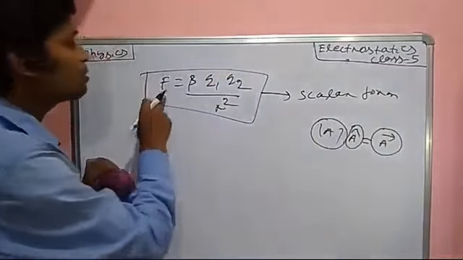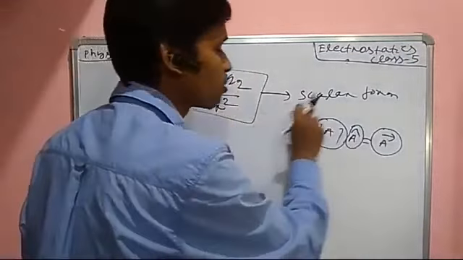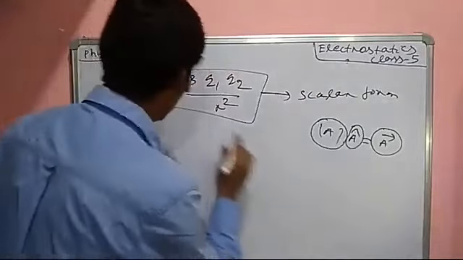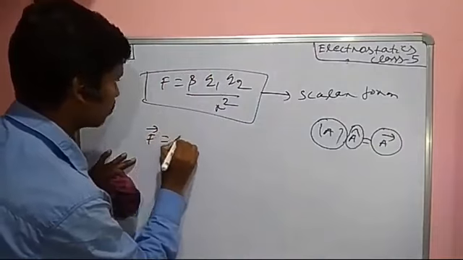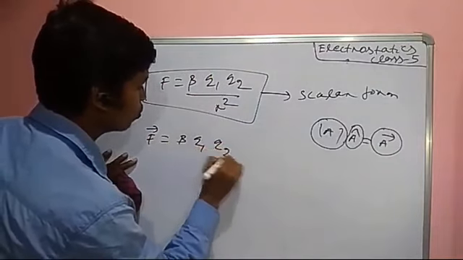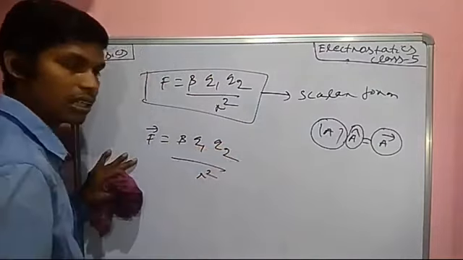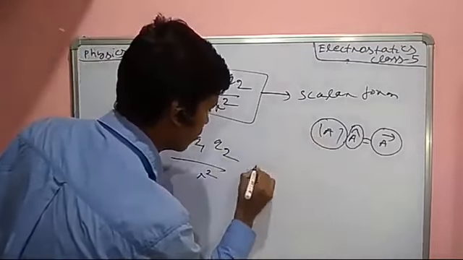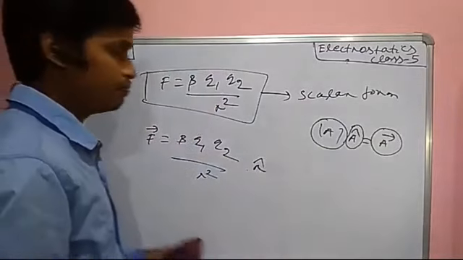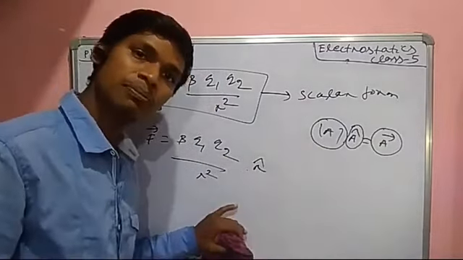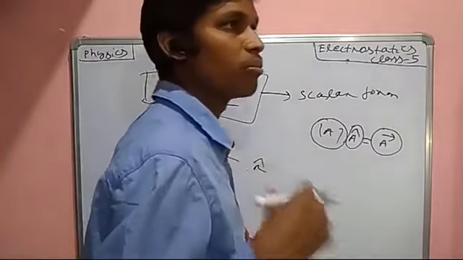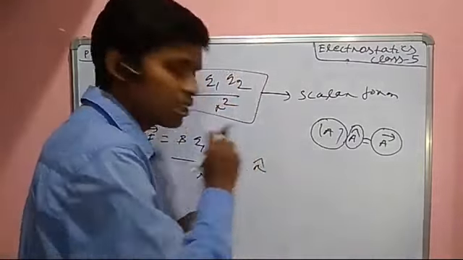So if F is equal to beta Q1 Q2 by R square is the scalar form, and we convert it to vector form, then what will we do? F vector means beta Q1 Q2 by R square, multiplied by one unit vector, that is called R unit vector. Now a question is in your mind, students: why is the R unit vector present?